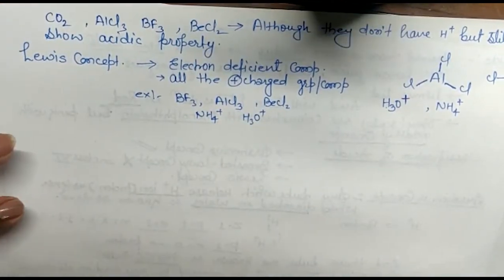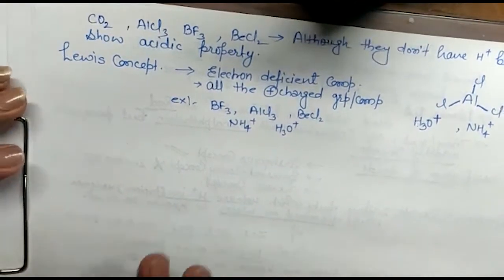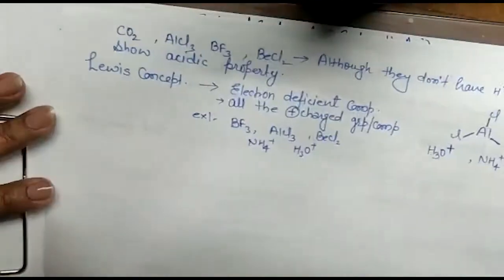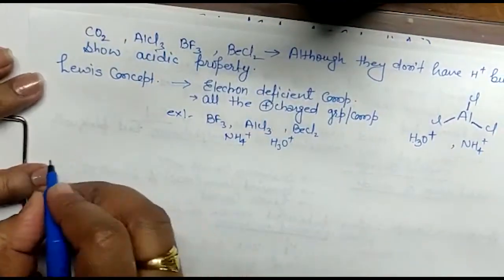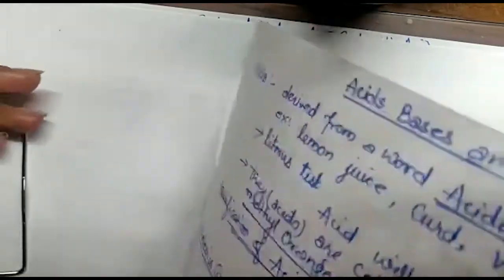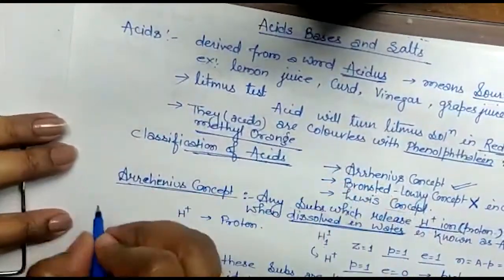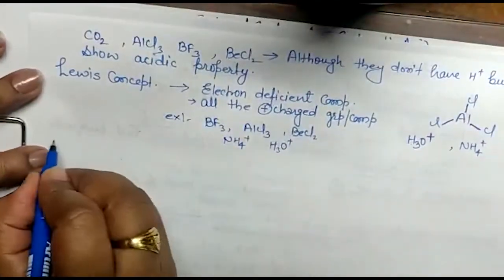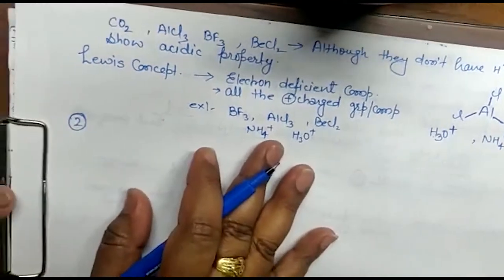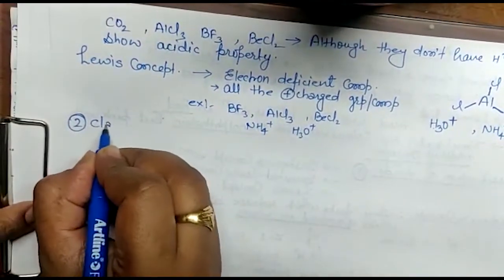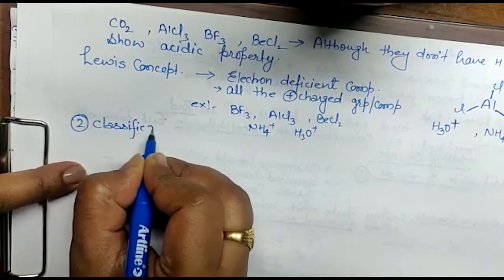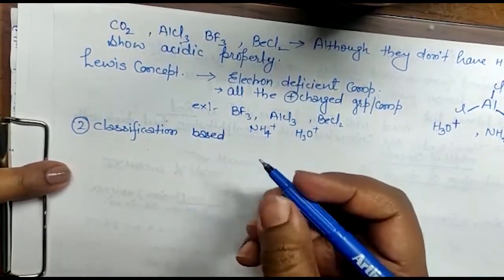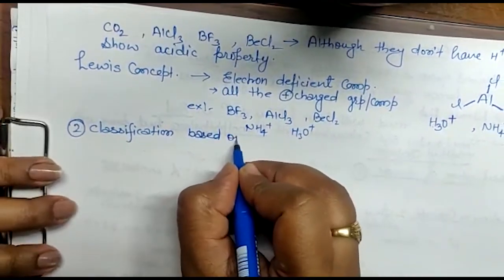Okay, so now another classification, as one we have done by this concept. Another is classification based on sources, that means from where it is obtained.